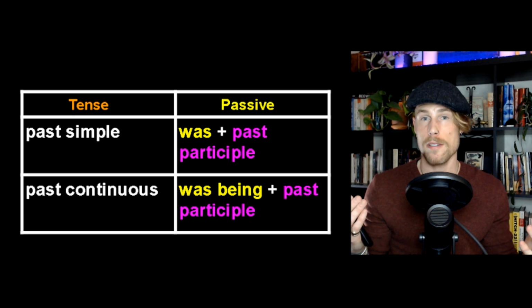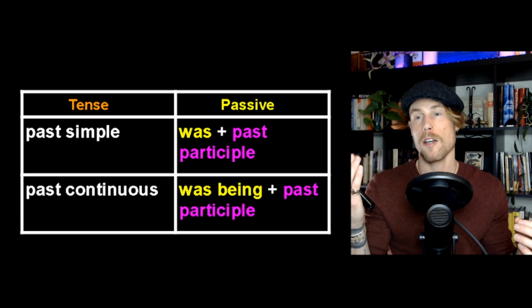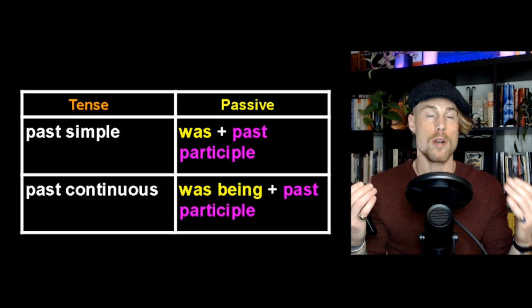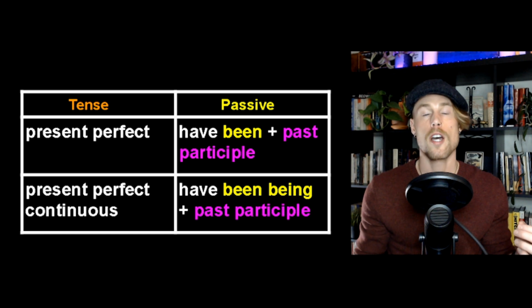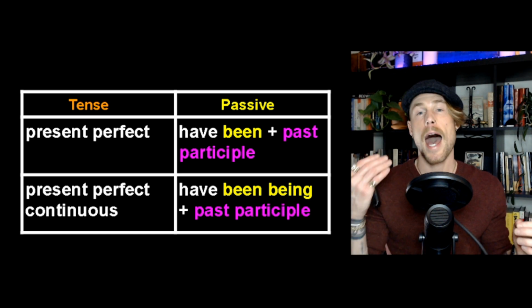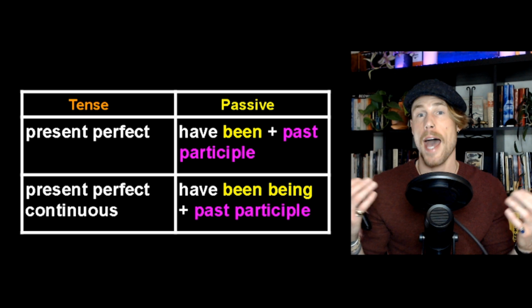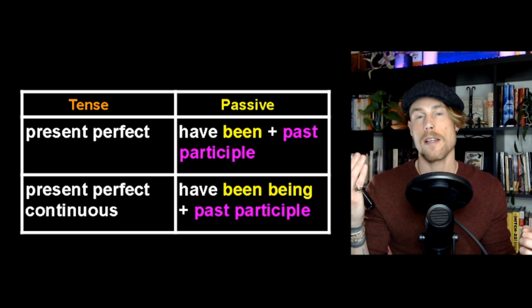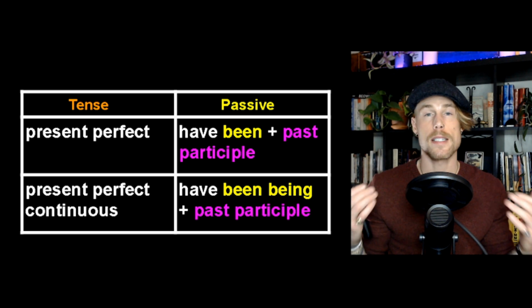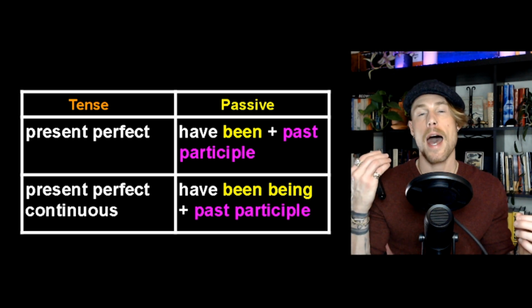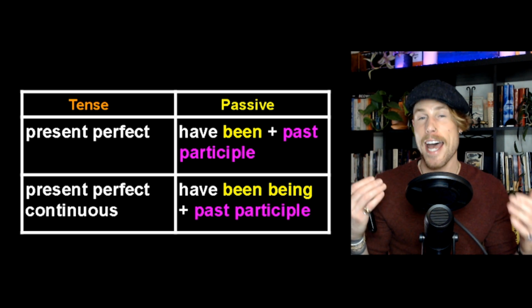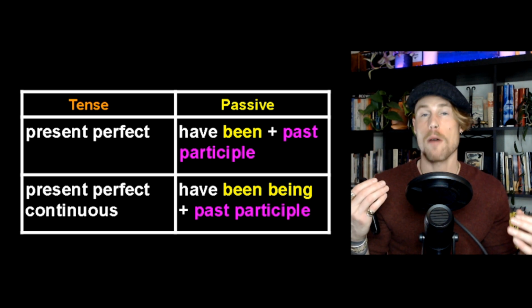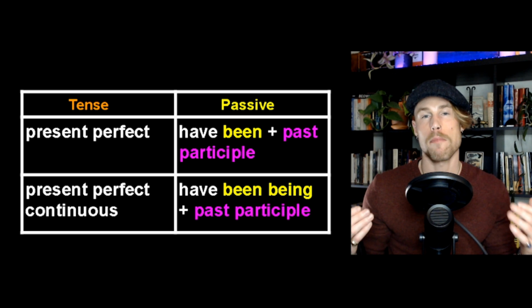Past continuous was being plus past participle. Present perfect, have been or has been plus past participle. Present perfect continuous, have been being or has been being plus past participle.